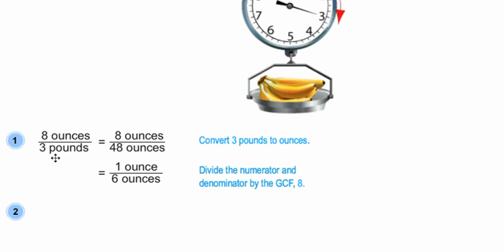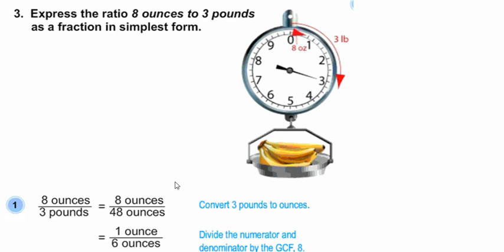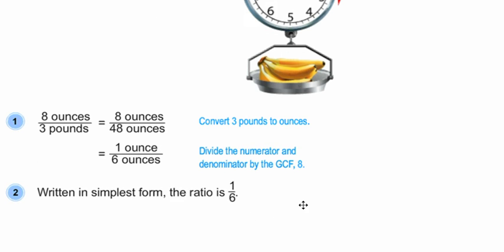So we took our 3 pounds and converted it to ounces. 3 times 16 is 48. That's how we got 48 ounces. Now we simplify 8 over 48, and we get 1/6. So in simplest form, the ratio of 8 ounces to 3 pounds is 1 to 6.